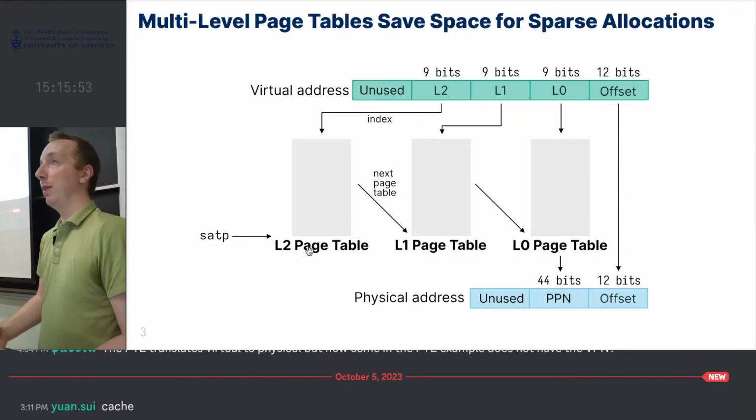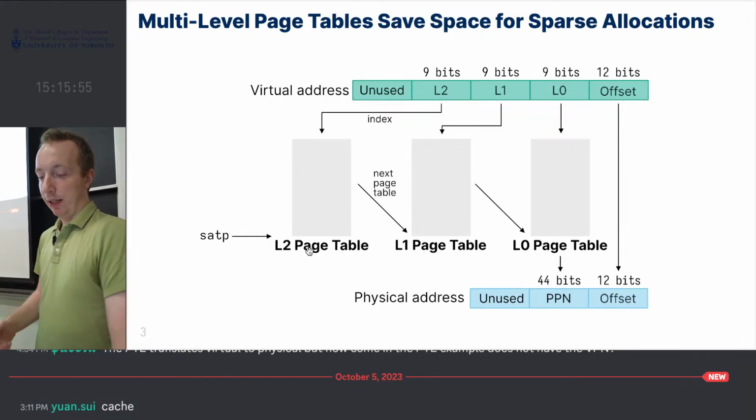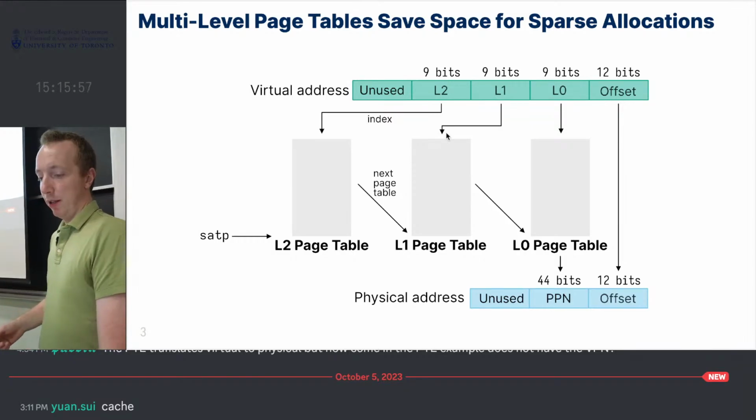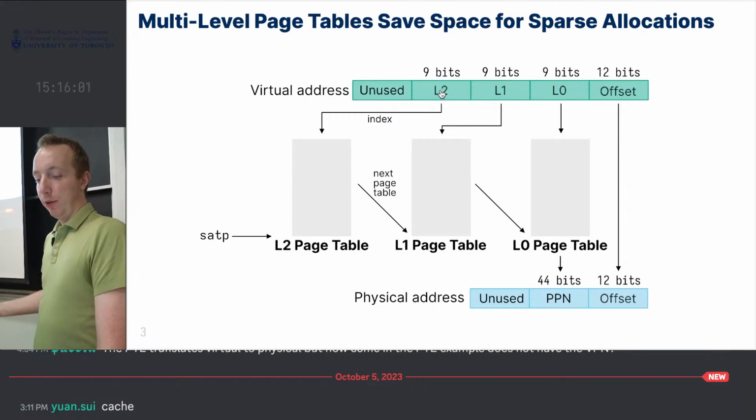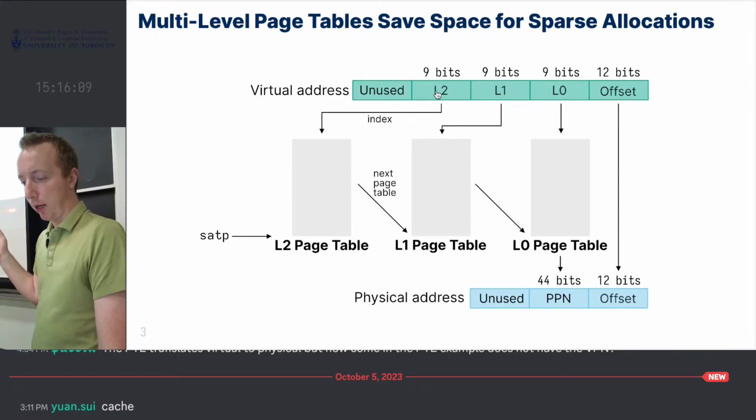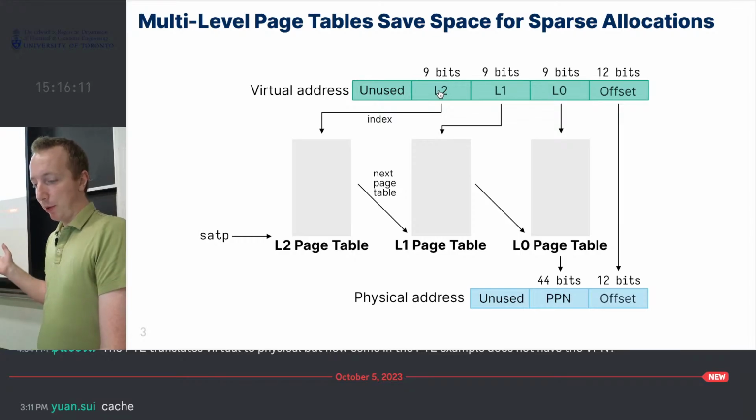And then how the translation would work is, given this L2 page table and the virtual address, well, the index we use for this L2 page table comes from these 9 bits, the upper bits, like bit 38 to 30 or whatever. So it comes from these upper 9 bits.